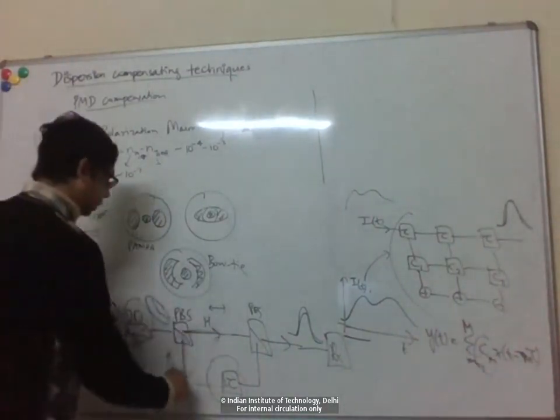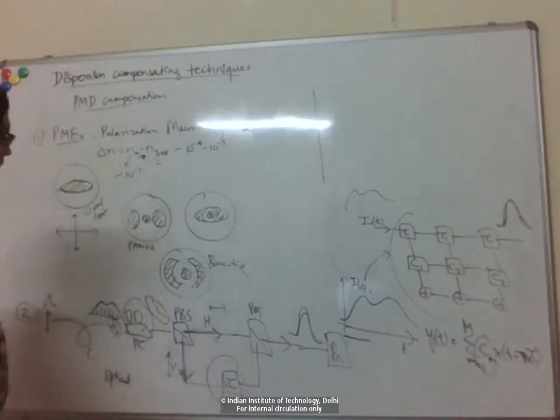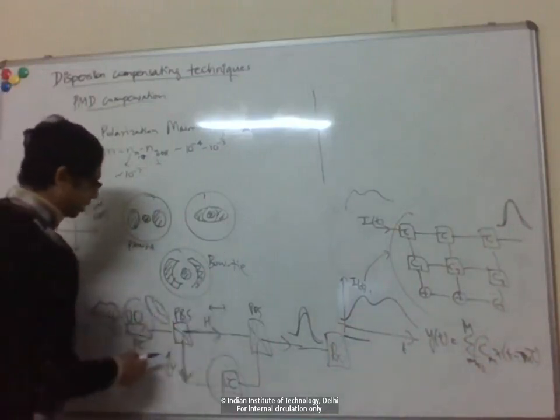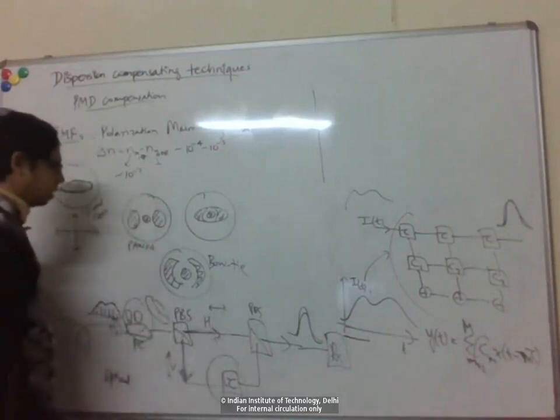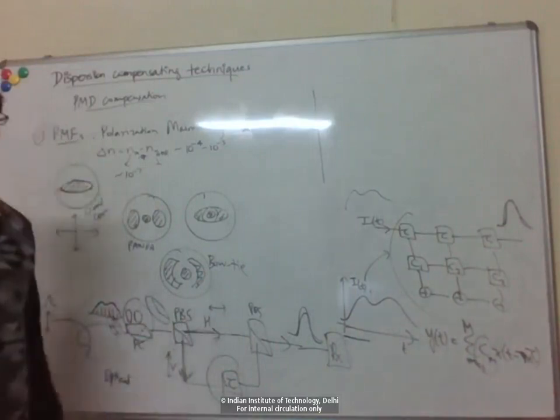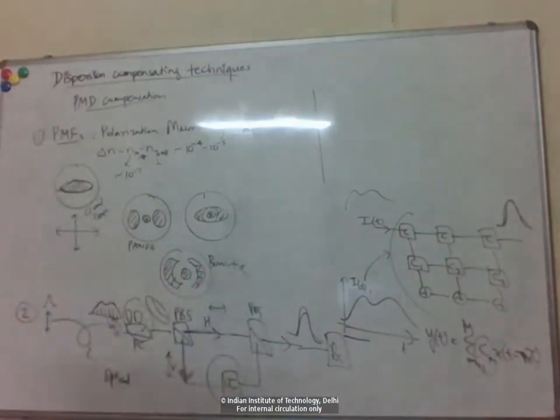So the components will be split. For example, if the input beam here is horizontally polarized, all of it will come out here. If it's vertical, all of it will come out here. If it's circular, for example, 50-50 will come out. So it just splits the two of them.